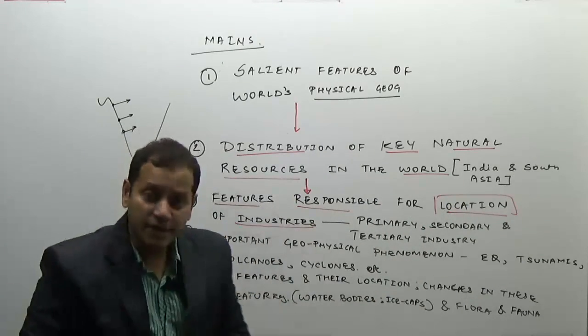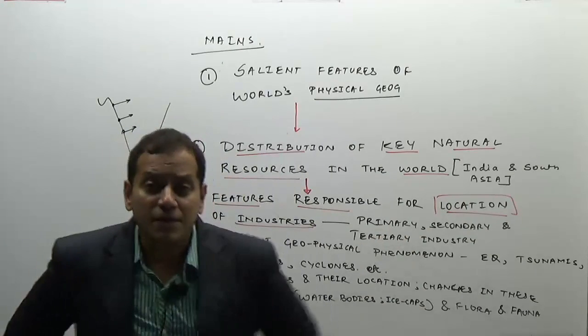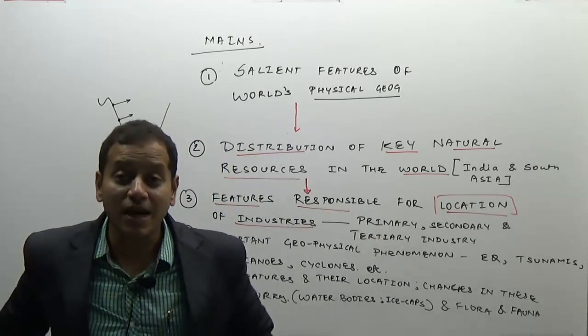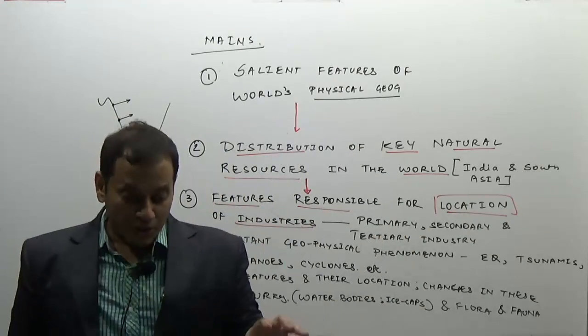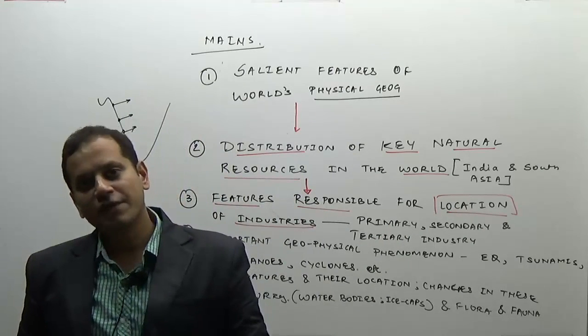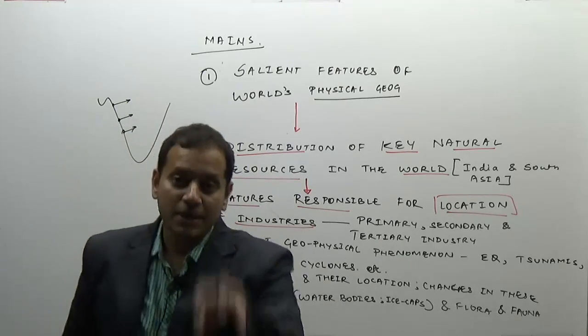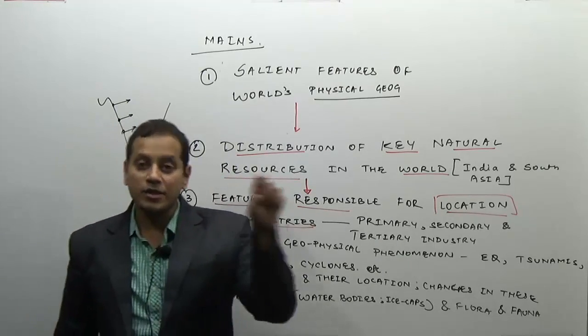Most important here will be primary and secondary industries, because tertiary industries are not that much raw material dependent, they are more often market dependent. Some industries are dependent on raw materials, some on the market.